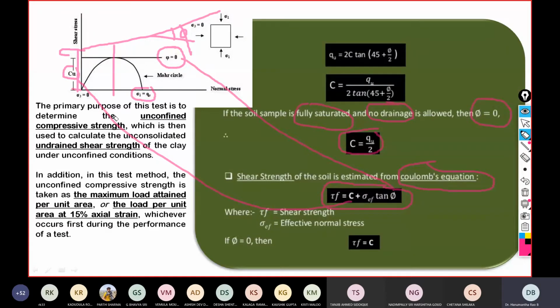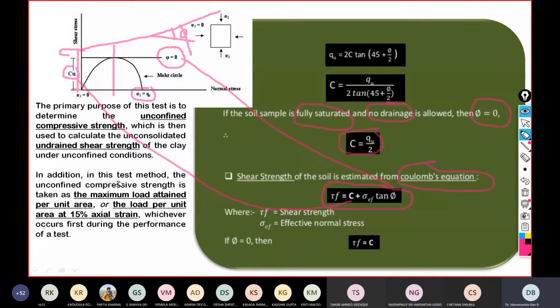The primary purpose of the UCS test is to determine the unconfined compressive strength, which is then used to calculate the unconsolidated undrained shear strength of the clay material. From the UCS test, we determine the shear strength of the soil, in the form of cohesion or angle of internal friction.